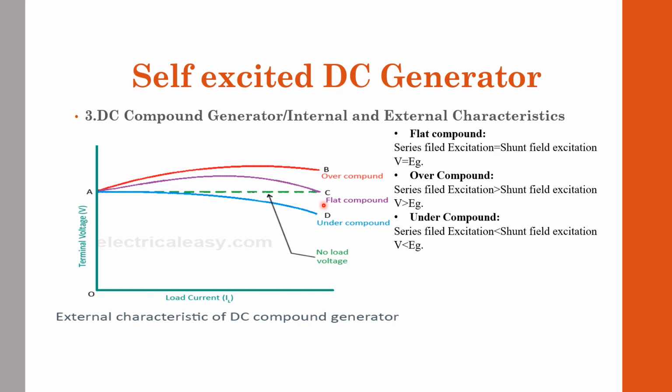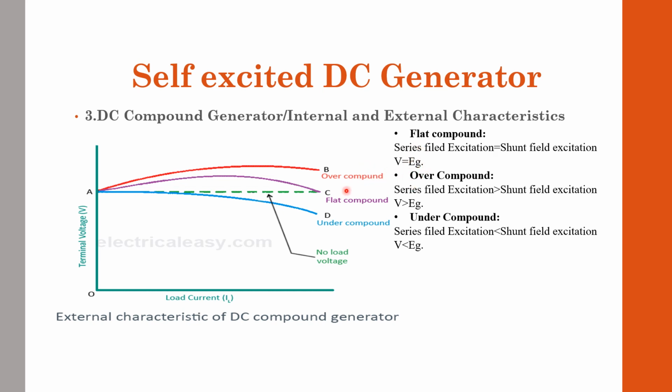The flux drop due to the shunt field winding is compensated by the series field winding. So in the flat compound, the series field excitation is equal to the shunt field excitation. Here V, the terminal voltage, equals EG, the induced voltage.